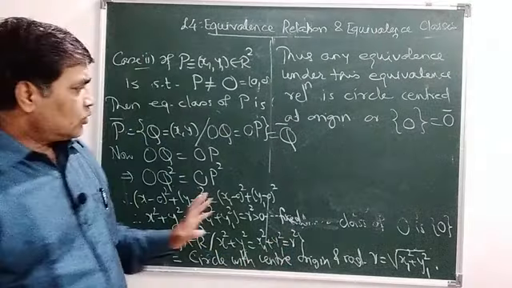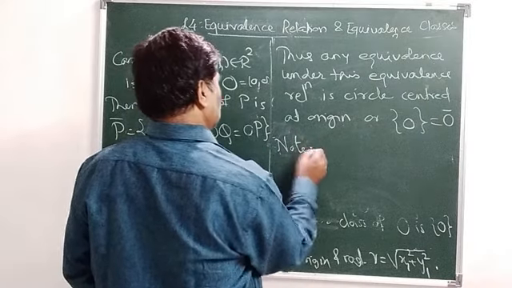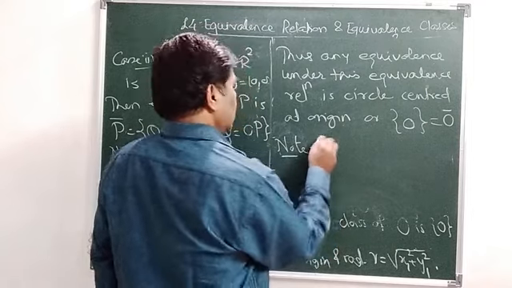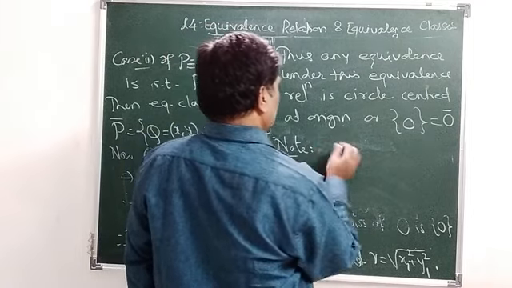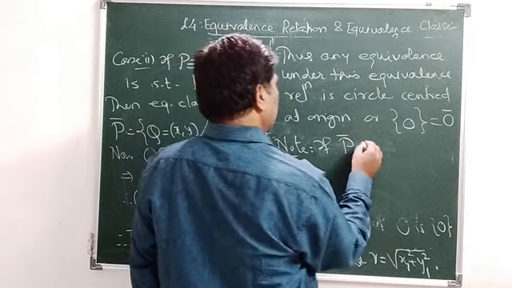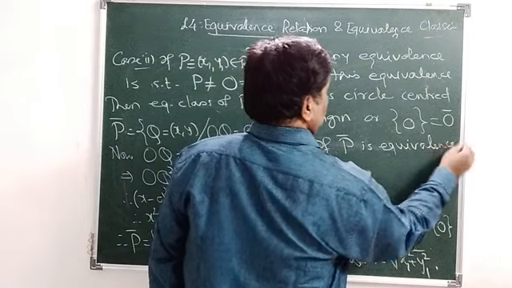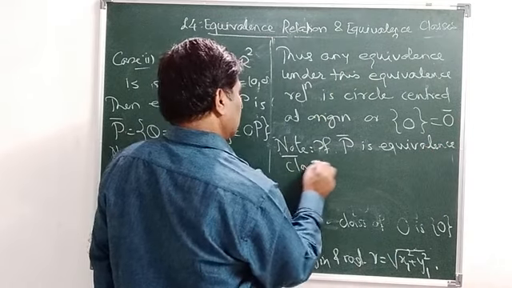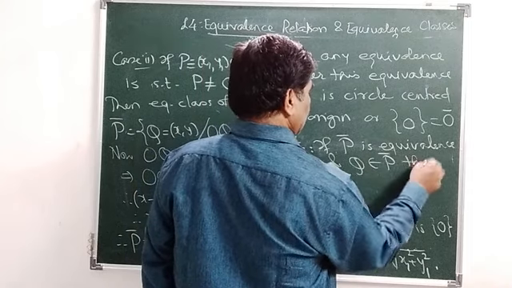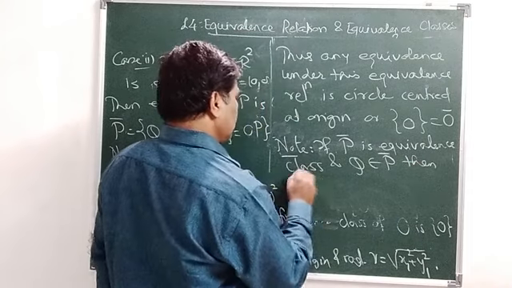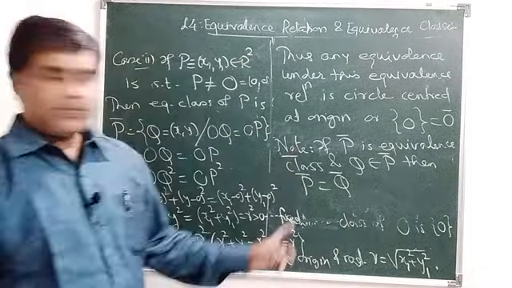So note: if P bar is an equivalence class and Q belongs to P bar, then P bar must be equal to Q bar.